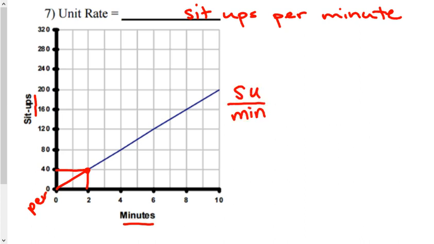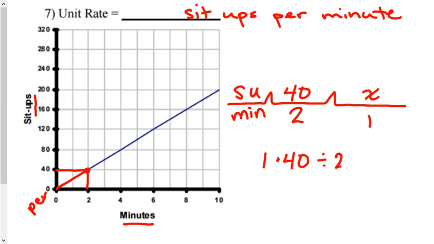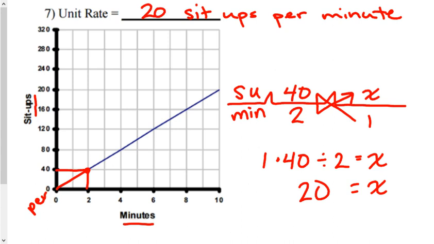So the ratio of sit-ups to minutes is 40 sit-ups in 2 minutes. Then how many sit-ups in 1 minute? If I use my cross multiply and divide, I'm going to do 1 times 40 divided by 2. And when I do that, it's going to give me that x is 20. So it's going to be 20 sit-ups per minute.